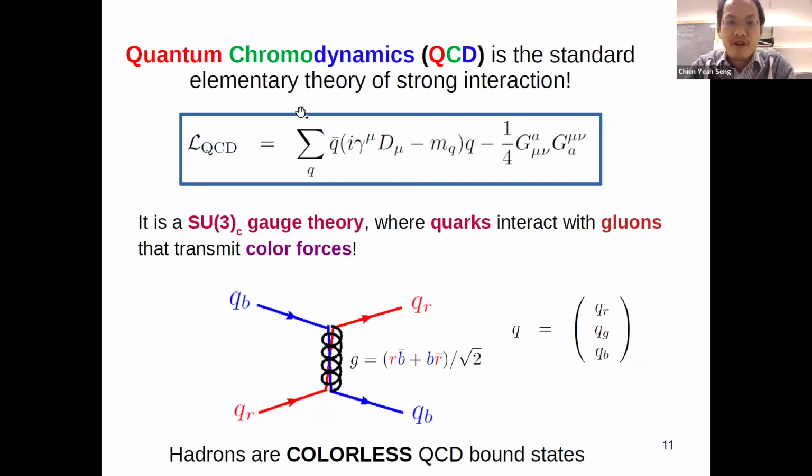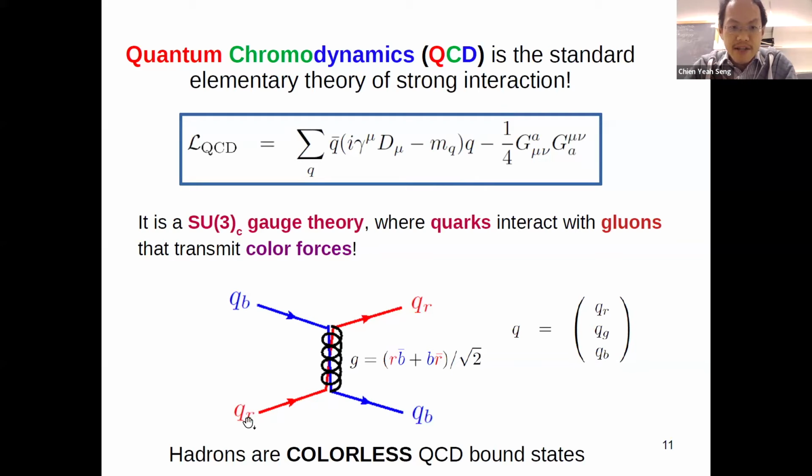Quantum chromodynamics is a non-abelian gauge theory, an SU(3) gauge theory, where the quarks have three colors and the theory is invariant under SU(3) gauge transformations, and the gauge fields are the gluon fields. The covariant derivative includes a gluon field, and here this is the gluon field strength tensor.